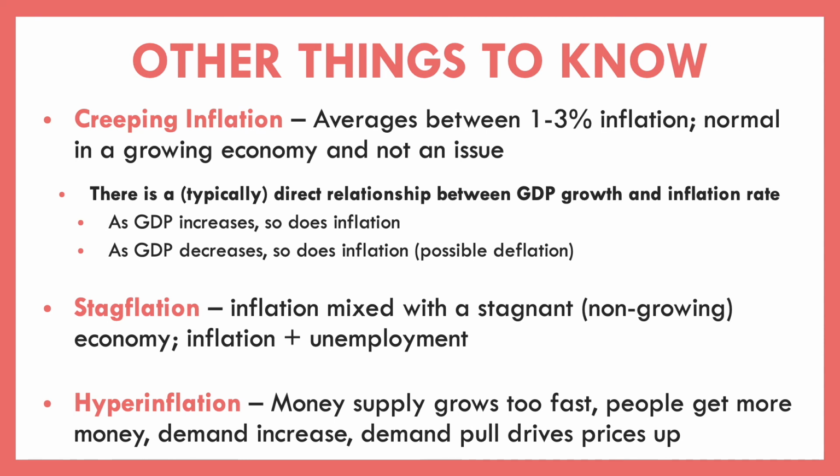And so that's causing prices to be driven up faster and faster. We saw this happen in Zimbabwe to the point where prices were doubling about every 24 hours and 39 minutes. Absolutely insane. And this is again when the money supply is growing too fast. And this again, we're talking millions of percent inflation. This is a very rare instance, but it can happen and it has happened in the past.